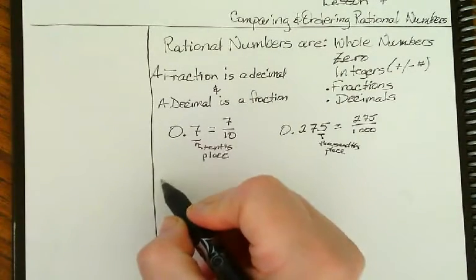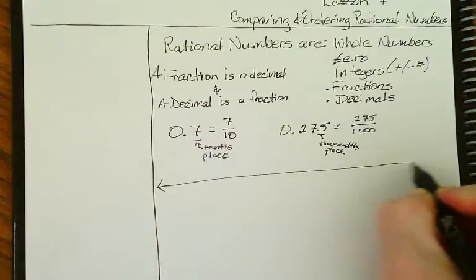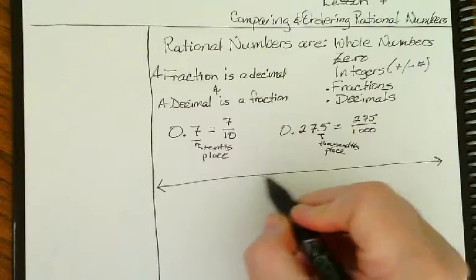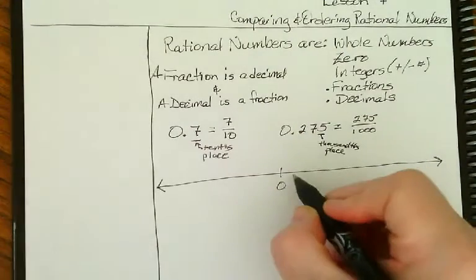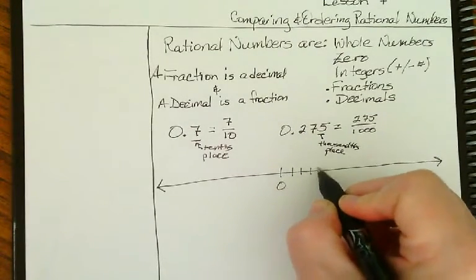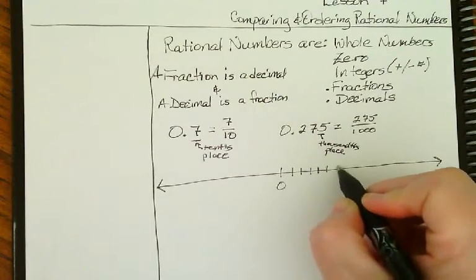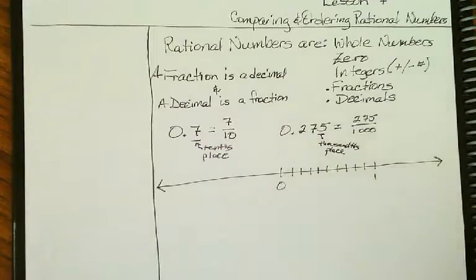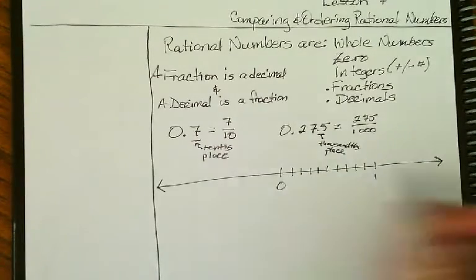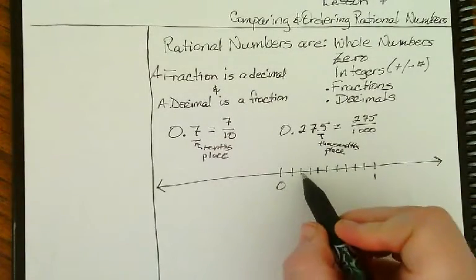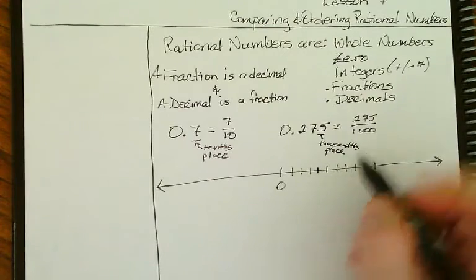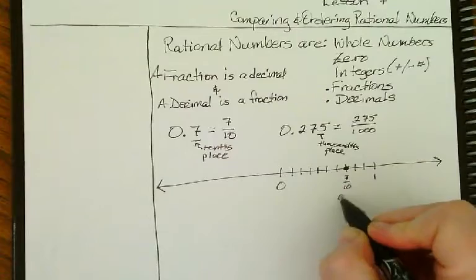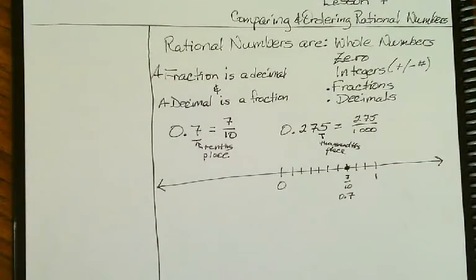Putting decimals onto a number line is quite simple. If I have my 0 here, that's my 1. I made it into 10 pieces. So this is 7 tenths. There's my 7 tenths as a decimal.